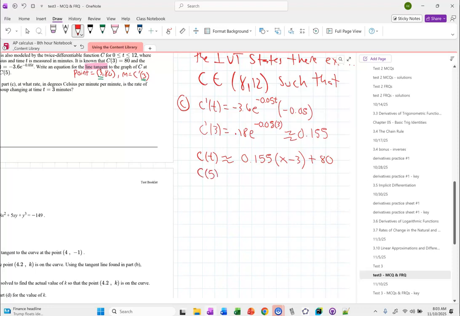And then so C of 5 is that. So I get about 80.31 degrees.